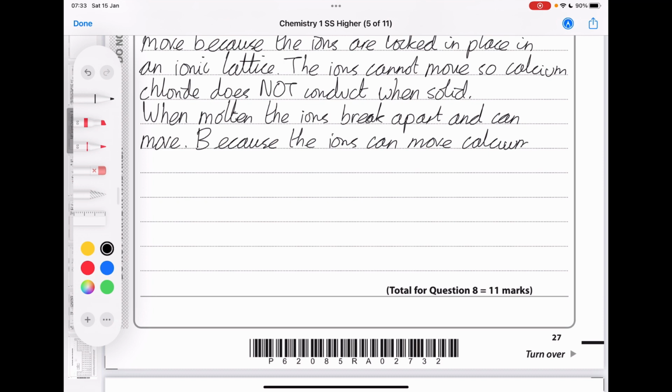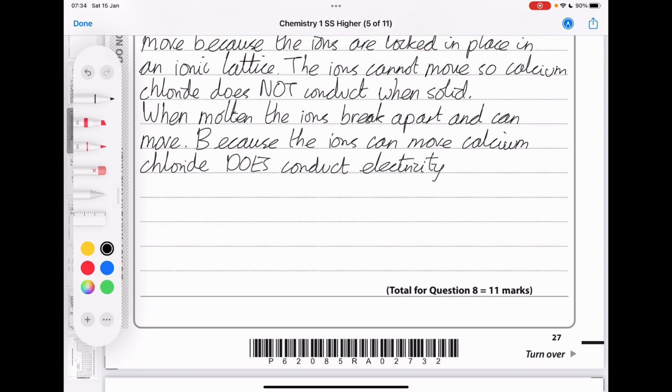Calcium chloride does conduct electricity. And again, I might not need to write this, but at the moment that sentence is unclear exactly what I'm talking about.